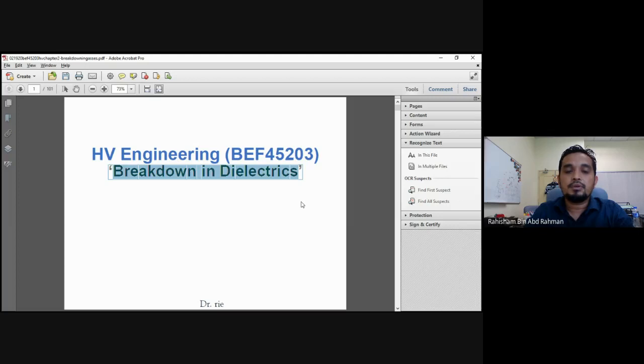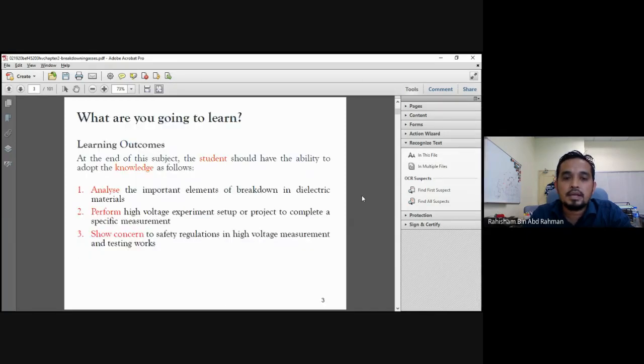Before we can develop high voltage, we need to first know and understand the dielectric or insulation characteristics, the dielectric properties, to ensure that the high voltage engineering that we generate is within the safe level and within the control of this insulation system.